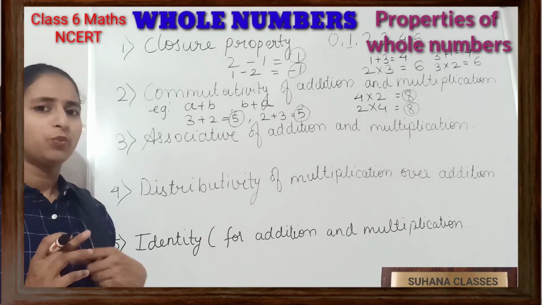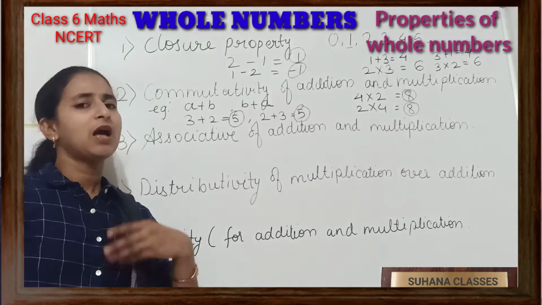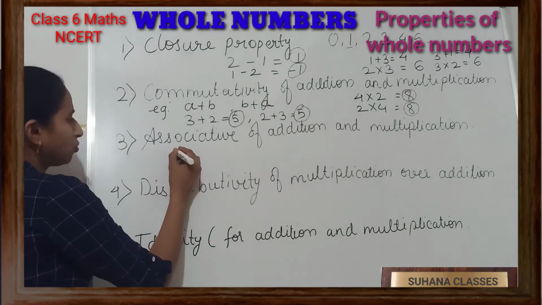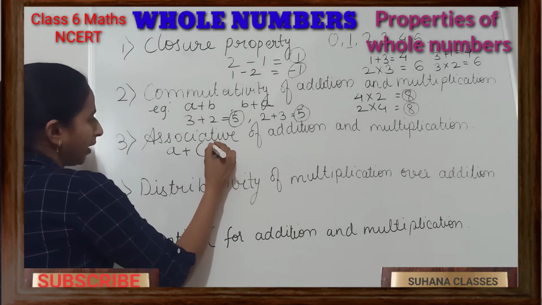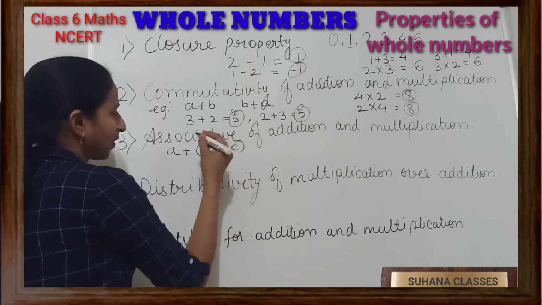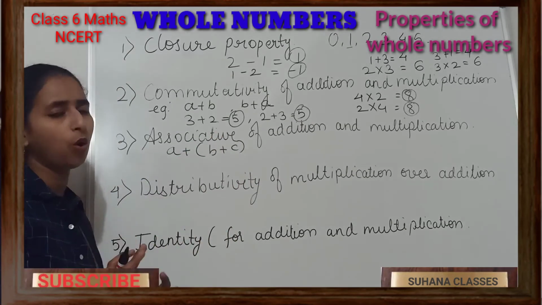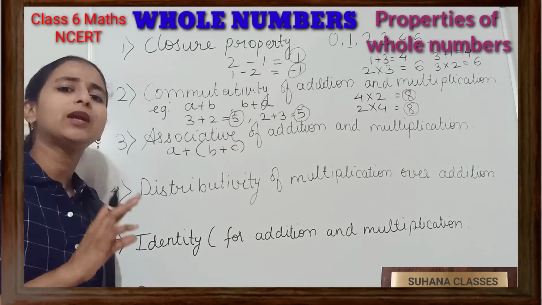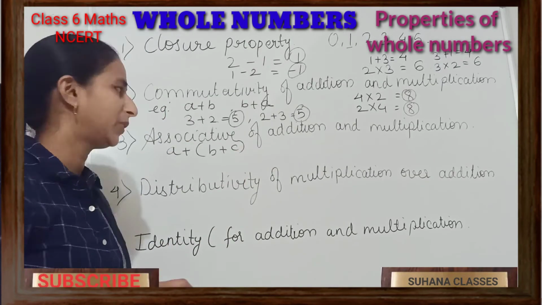Associative property we are going to study in the case of addition and in multiplication also. So what is this associative property? Suppose you take an A and in brackets you take B plus C. So A, B, C are any whole numbers. Just remember, whatever alphabets I am using, in that place you can use any whole numbers.